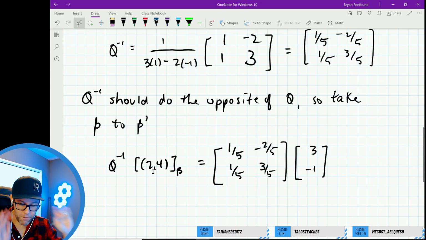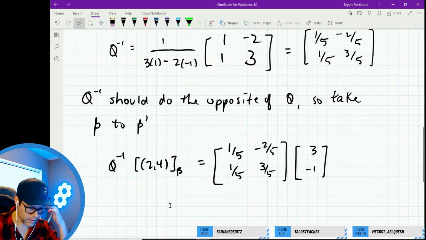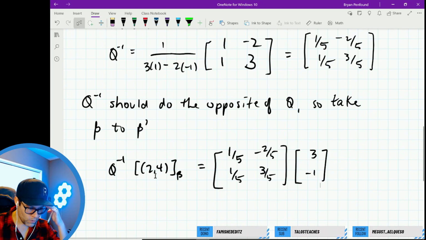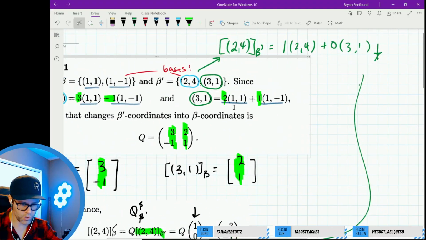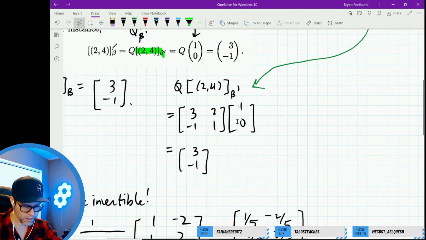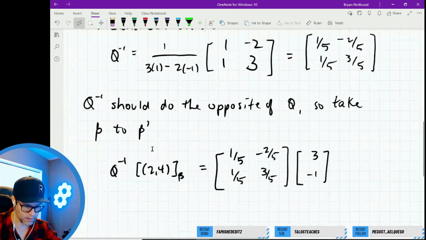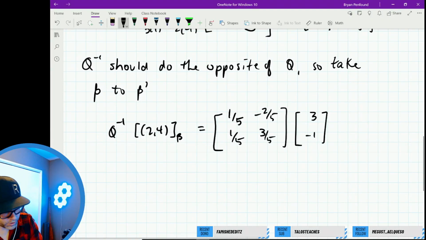Now, if we've done this correctly, we know how to express 2, 4 in beta prime. 2, 4 in beta prime is just 1, 0. So if we've done this correctly, we should get the 1, 0 that we expect to see from the example in the textbook. So is that true?